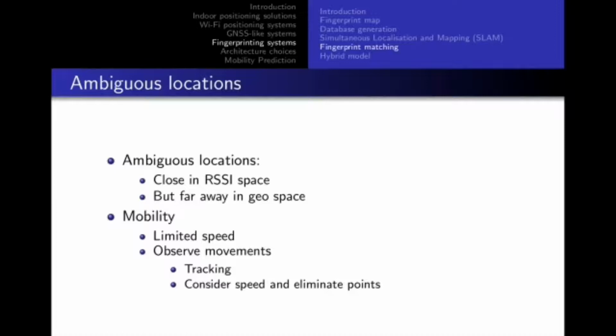To disambiguate the locations, we can use the mobility of the device, which has a limited speed, and we observe its movements by tracking the past locations. Then we consider speed and eliminate the points which are not likely to be reached from one iteration to the next one in the positioning.